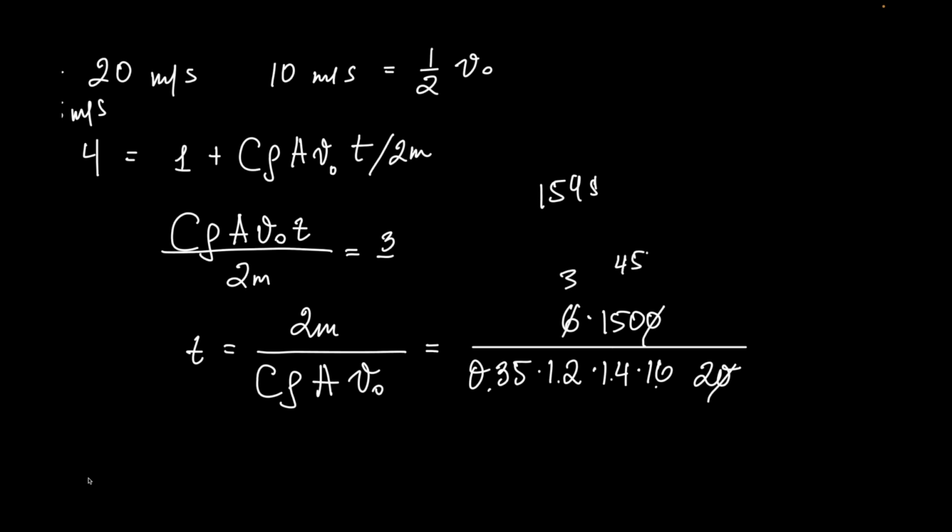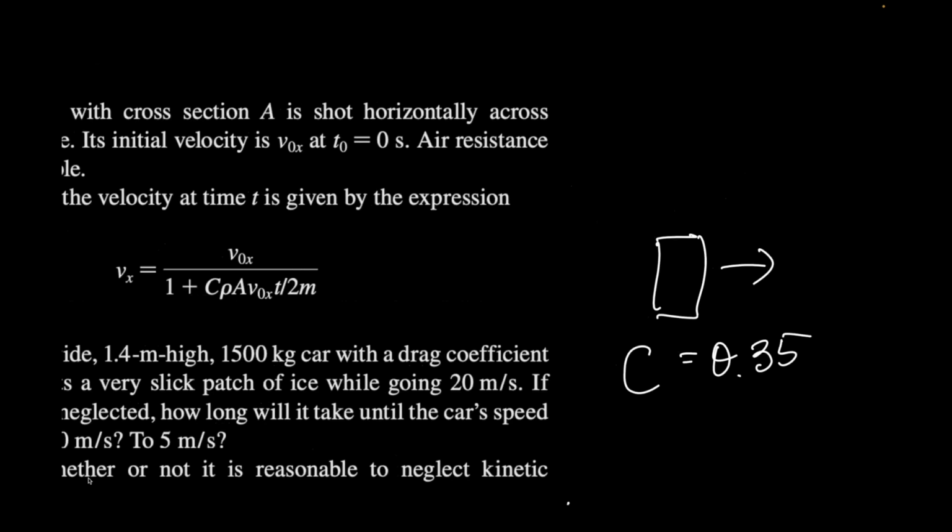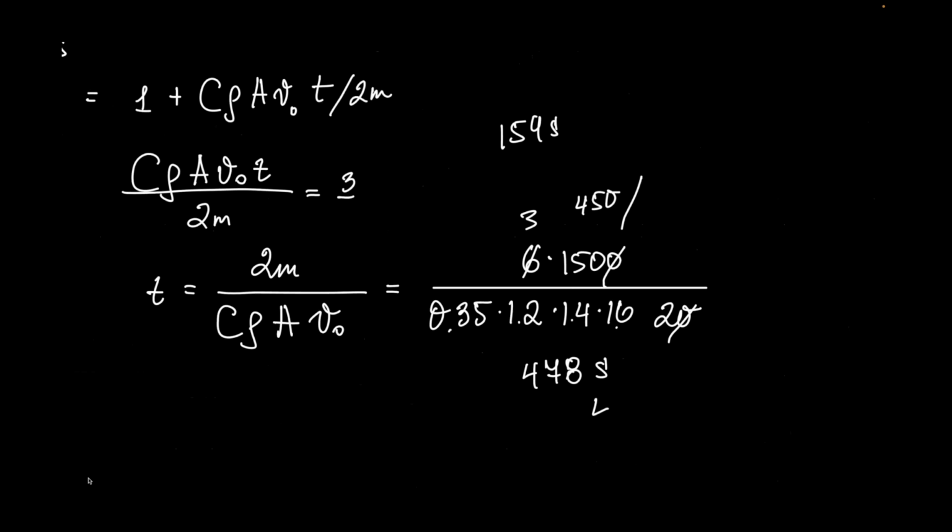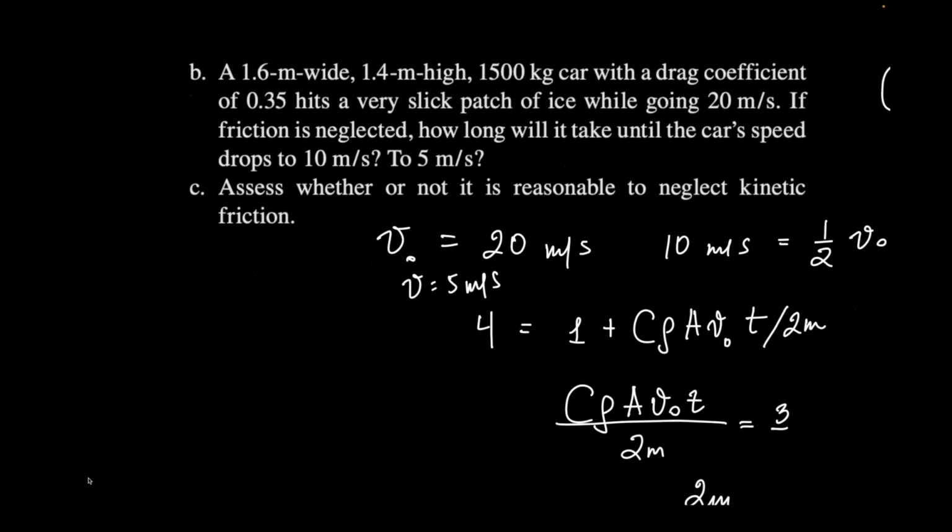So it's going to be 450 divided by that whole contraption: 450 divided by 1.2, 0.35, 1.6, 1.4 in parentheses, which is 478 seconds. How many sig figs are we allowed? I'll go for 480 seconds, and this would be like 160 seconds. All right, those are the answers to B.